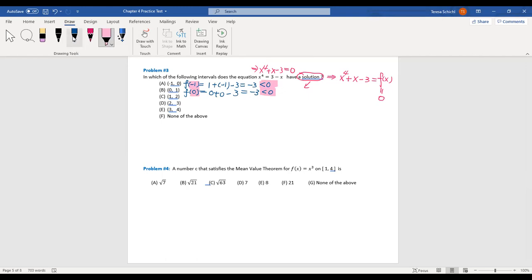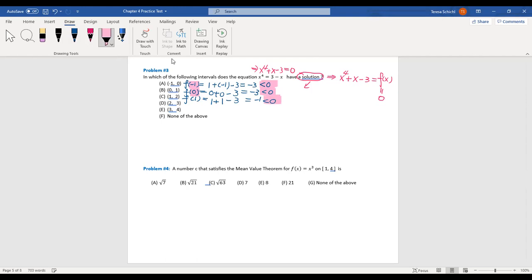Okay, now let's take a look at f of 1, right? So f of 1 will be 1 to the 4th, is 1, plus 1 minus 3. And this is -1. So f of 1 is less than 0.